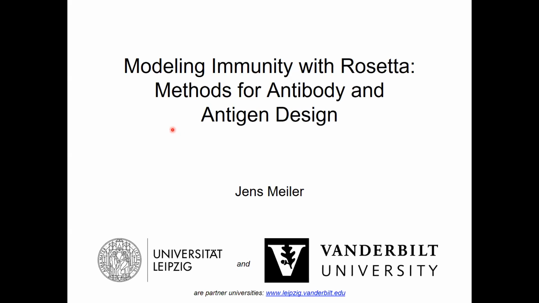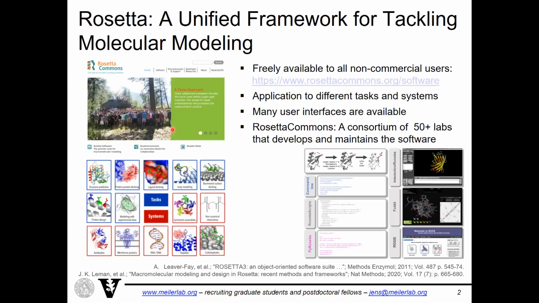So we develop a software that's called Rosetta after the Rosetta Stone. Originally, it was written to predict protein structure from sequence. However, this software has developed into a framework for tackling all sorts of molecular modeling challenges, in particular when it comes to protein engineering.